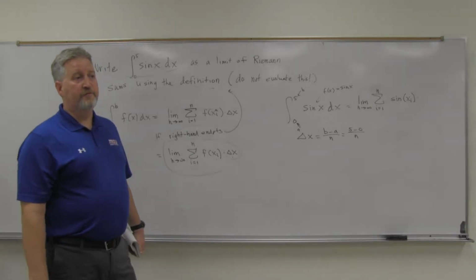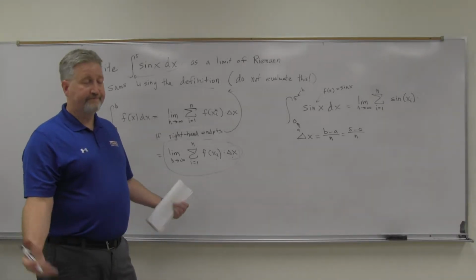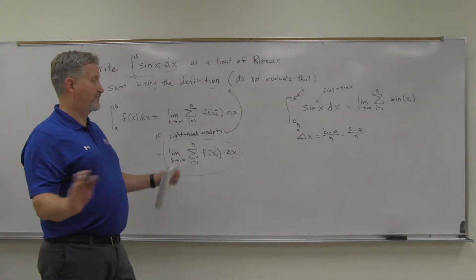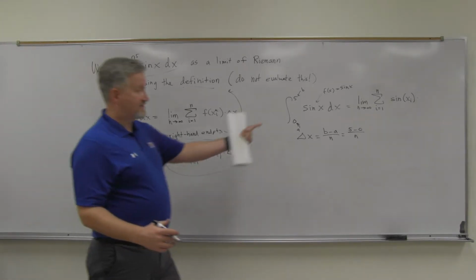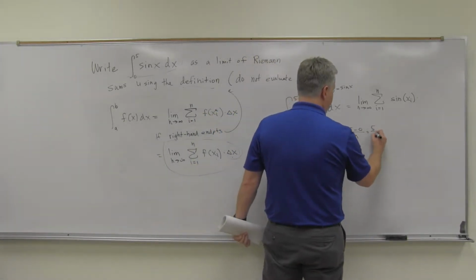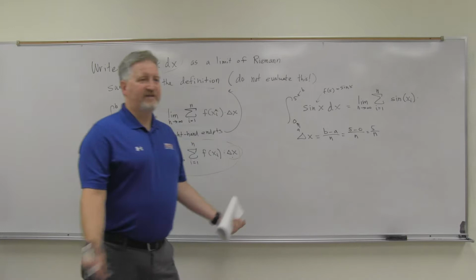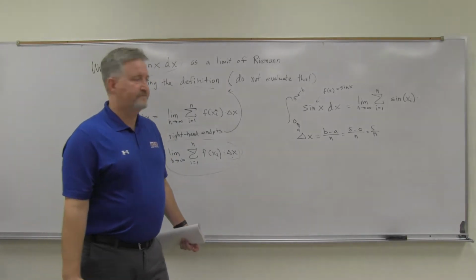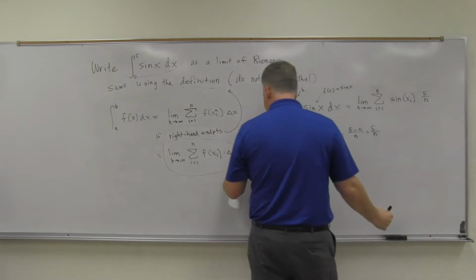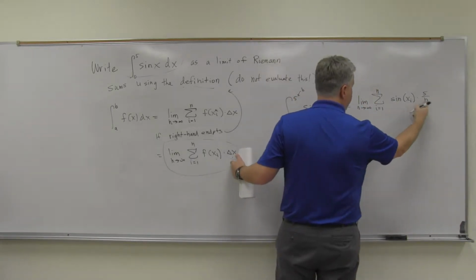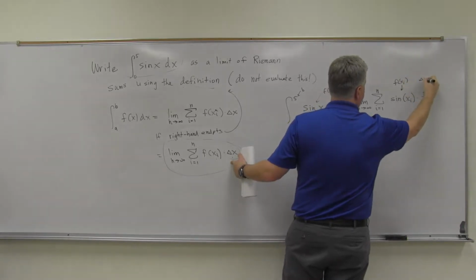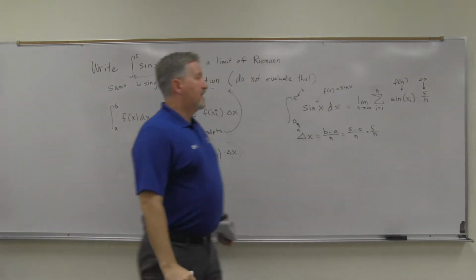Normally we would say four rectangles or 4 subintervals, but in this case we don't even know, because we're going to run into infinity ultimately anyway. So all we can say is delta x is 5 over n. That's f of x sub i times delta x.